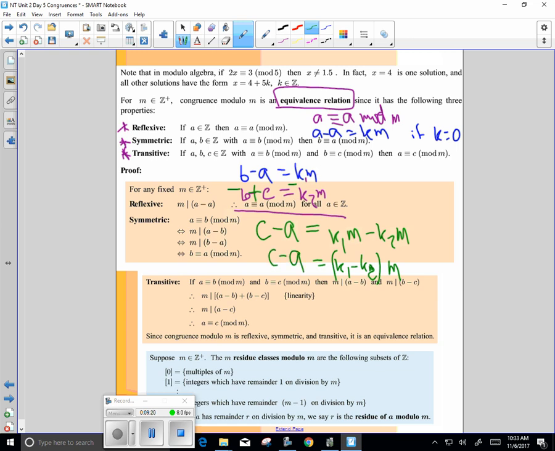And then what does this say about M and C minus A? M divides what? C minus A. So then what you could say is that C is equal to A plus KM, and there's your congruent statement. So we can do reflexive, symmetric, transitive.